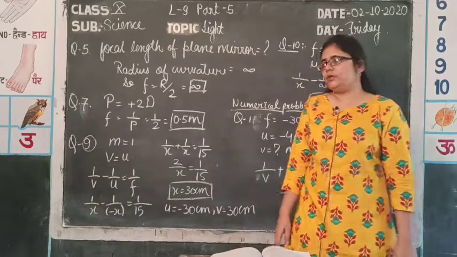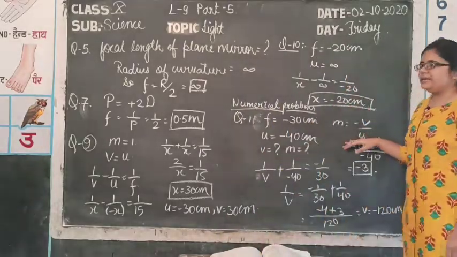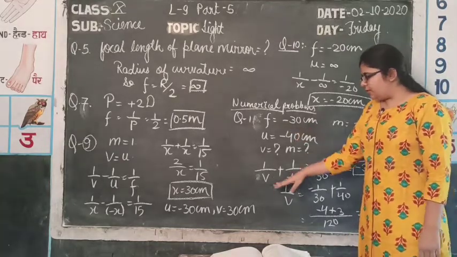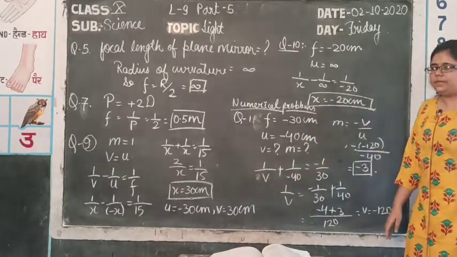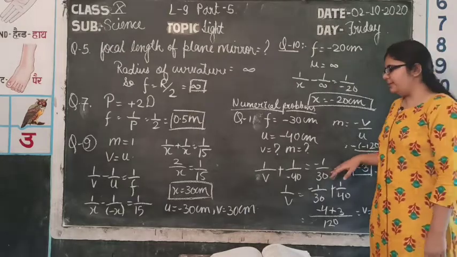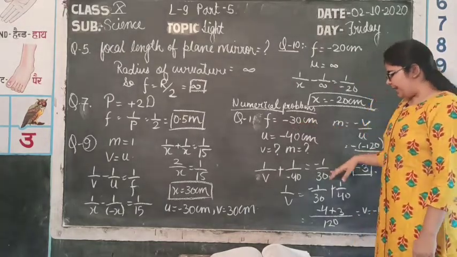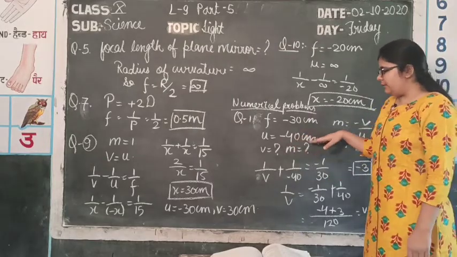So, in this question we have to find the V as well as the magnification. First of all, as the question is of mirror, you will use the mirror formula, 1 by V plus 1 by U is equal to 1 by F. In concave mirror, focal length will be negative, so minus 30, and U will be minus 40 centimeters.